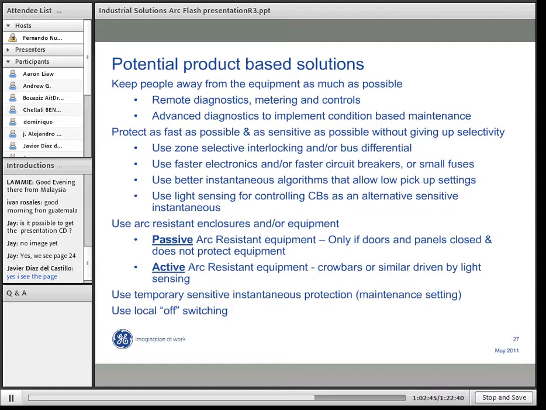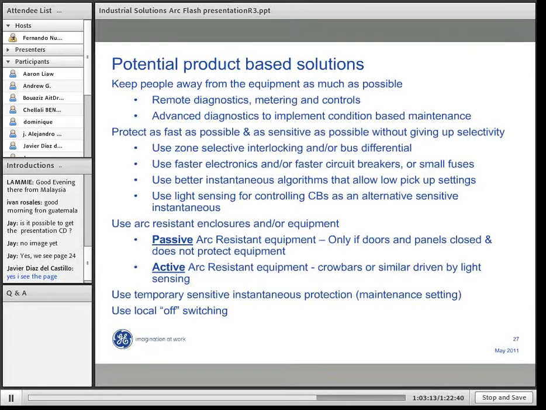And you can also use light sensing to generate a trip, by putting photocells in the equipment compartments so that if an arc develops, it will sense the light from the arc and cause an immediate trip, maybe before the arcing current was enough to trip a device based on current alone.